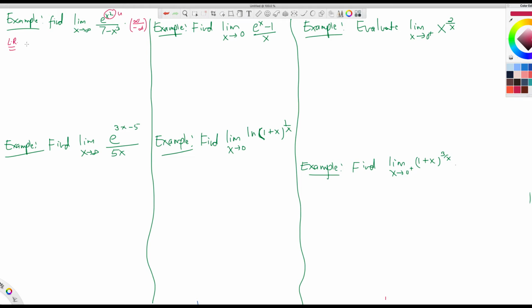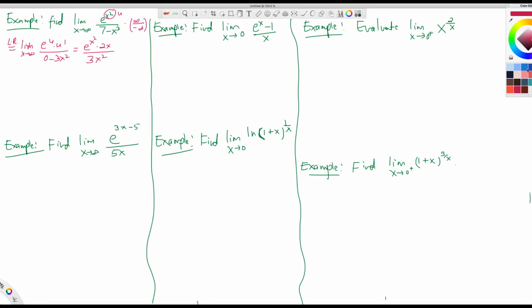So it is the limit, let me write down the limit as well, x tends to infinity, e to the u times u prime over the derivative of the bottom, which is 0 minus 3x squared, right? So let me plug the value of u: e to the x squared times u prime, which is 2x, divided by 3x squared. You see that?